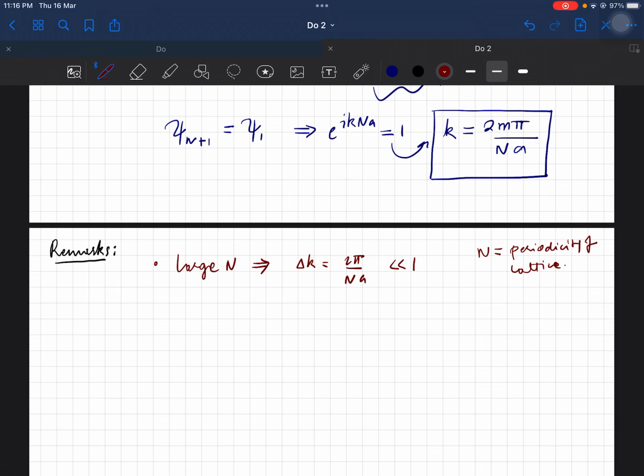It's not the number of atoms it has, it's the number of atoms after which it repeats itself. Most of the time it's 2, 3, 4, a small number, and a is quite small, so delta k is actually quite big. So there is some subtlety here that David Tong chooses to ignore completely.